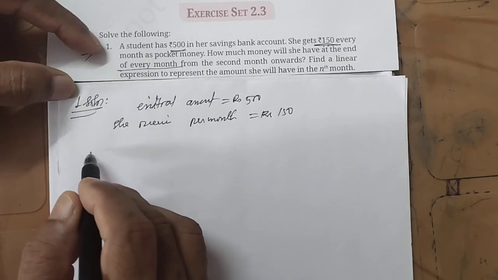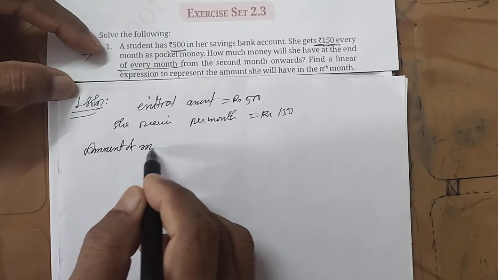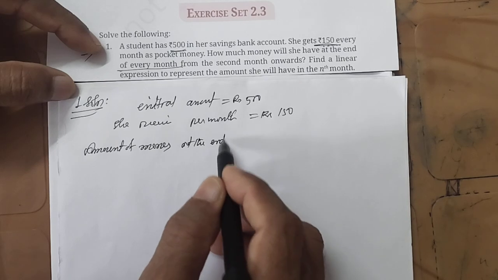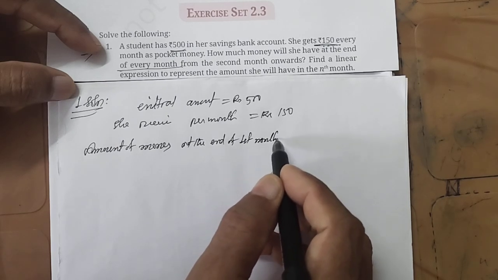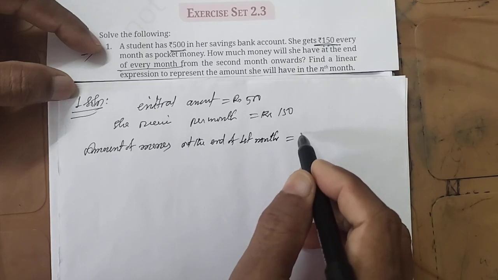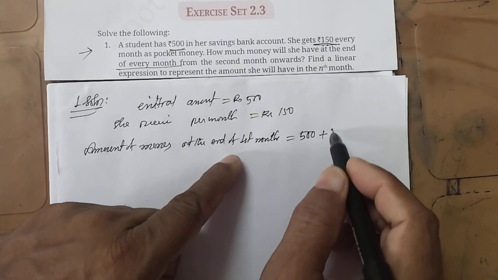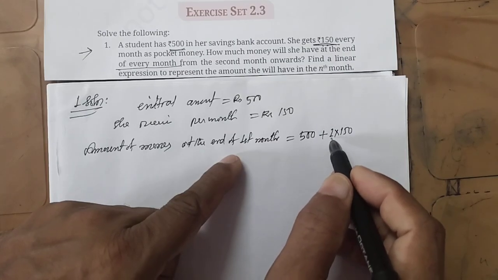See, amount of money at the end of first month. Initially she is having 500 rupees plus first month will be 1 into 150. 150 rupees she got for only 1 month, first month.